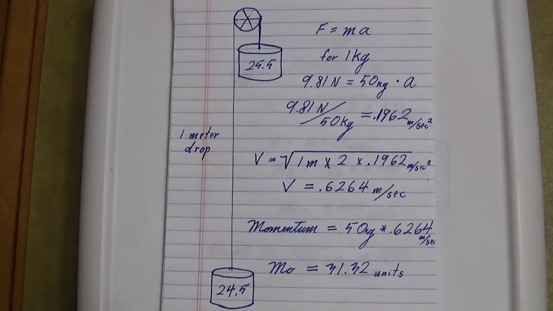So that is 50 kilograms moving 0.6264 meters per second. This is an Atwood machine that proves F equals ma. So there isn't too much question about it.